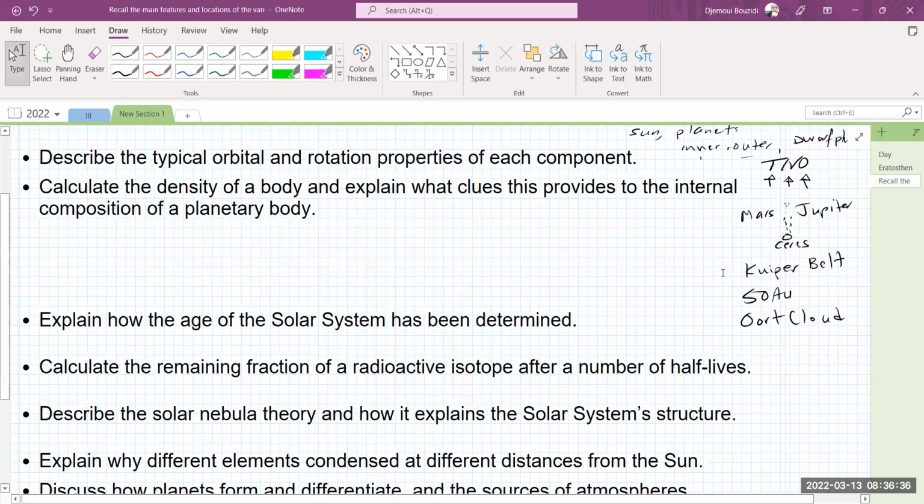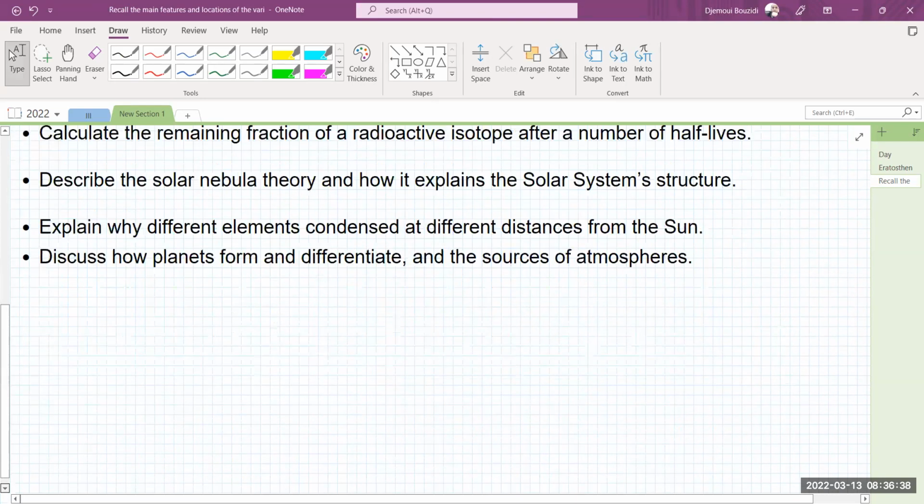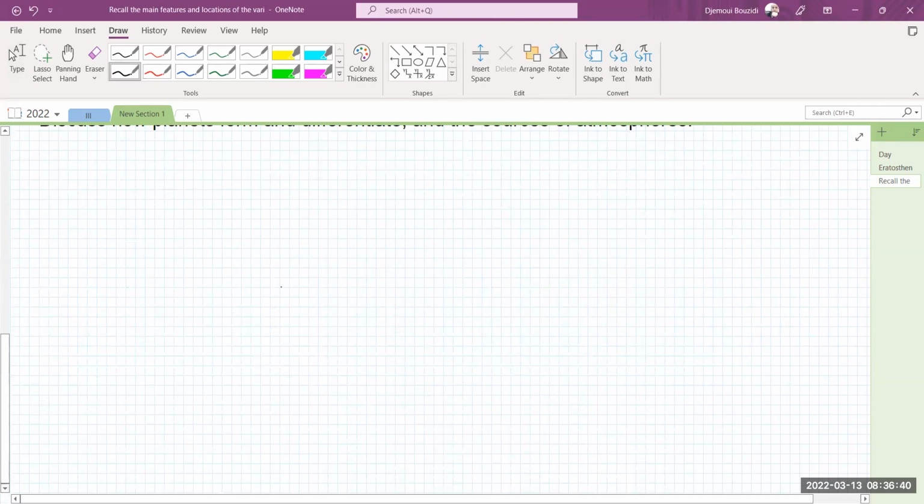All of these objects orbit the sun in more or less the same orbit. So you have the sun in the center, and you have the planets and the dwarf planets, and they also have the asteroids that are both between Mars and Jupiter, and also in the Kuiper belt, and also in the Oort cloud.